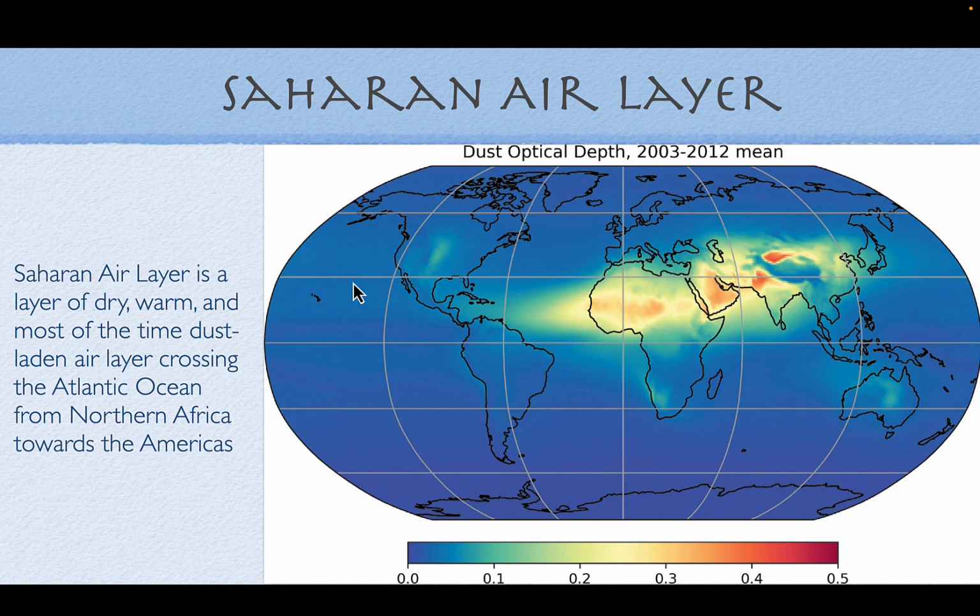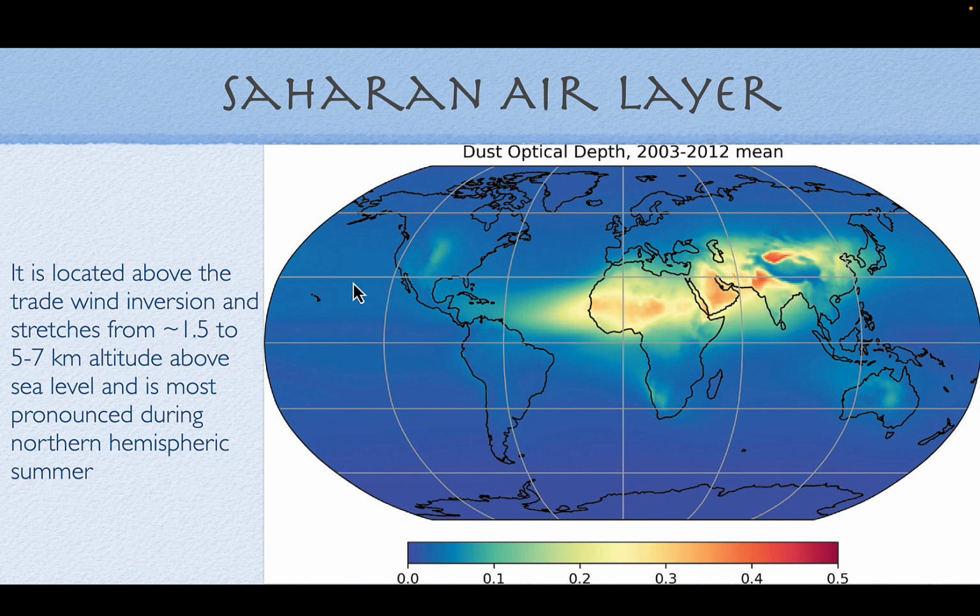It's most pronounced during the northern hemisphere summer. So this layer of warm, dry air most of the time is dust layered, and it's carrying Saharan dust across the Atlantic toward the Americas. So this is an inversion layer that's bringing material from the Saharan desert into the Americas, into the Gulf of Mexico and into the Amazon.